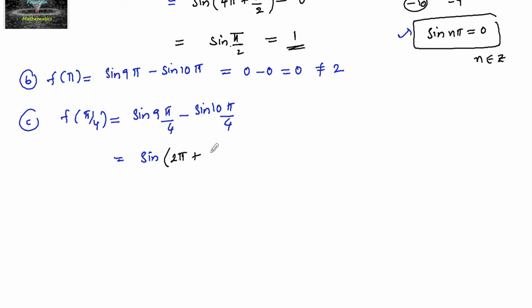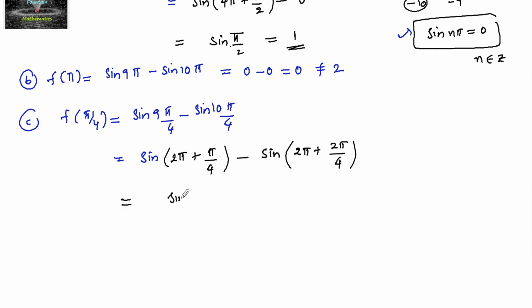So we can write sine of 2 pi plus pi by 4, since 2 fours are 8 plus 1 pi, 9 pi by 4, minus sine of 2 pi plus 2 pi by 4, since 8 pi plus 2, 10 pi.